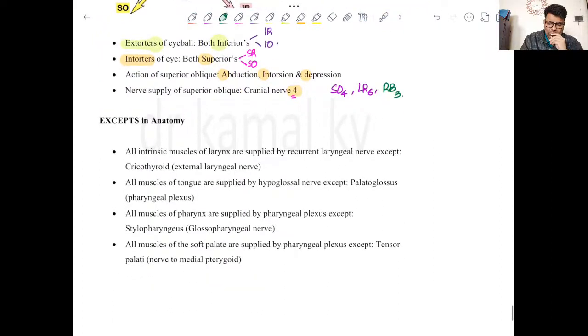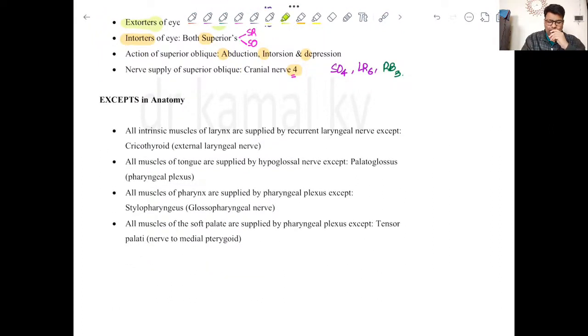Clear? Now there are certain exceptions in anatomy, like we already discussed that all intrinsic muscles of the larynx are supplied by recurrent laryngeal nerve, but the exception was cricothyroid, which was supplied by external laryngeal nerve. Similarly, there is an exception in tongue, where the muscles of the tongue are supplied by hypoglossal nerve, and the exception is palatoglossus, which is supplied by pharyngeal plexus.